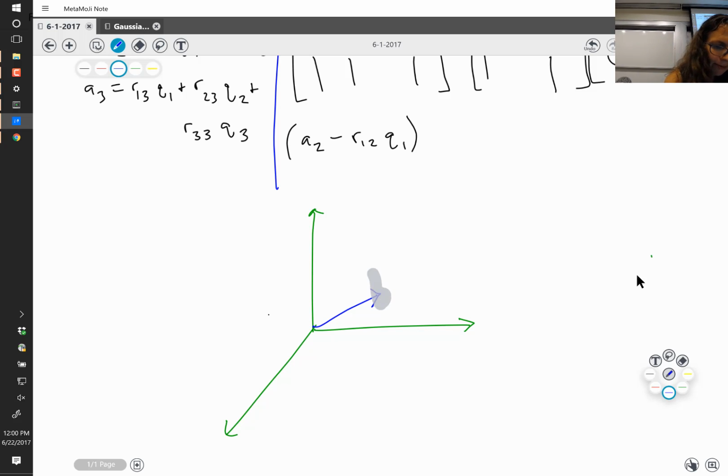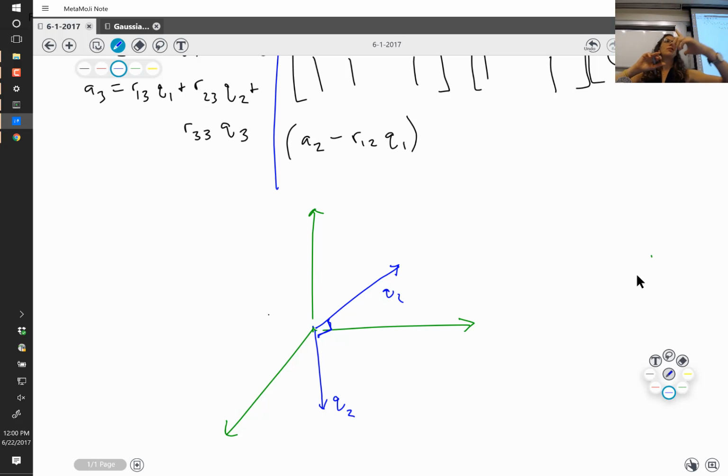I'm going to make length 1 a little bit longer just so this doesn't get too tight. But this is Q1 and this is Q2. So we have two vectors, and these are orthogonal to each other.